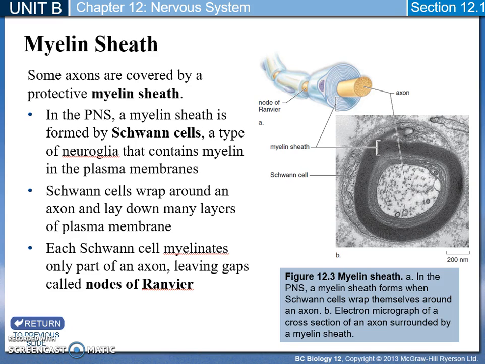The Schwann cell is a type of neuroglia, and it contains myelin in the plasma membrane. The Schwann cells wrap around an axon and lay down many layers of the plasma membrane. Each Schwann cell myelinates only part of an axon, and therefore it leaves gaps along the axon, which are called the nodes of Ranvier. So you can have many Schwann cells that provide the myelin sheath along the axon, and where these gaps are, those are what are referred to as the nodes of Ranvier.